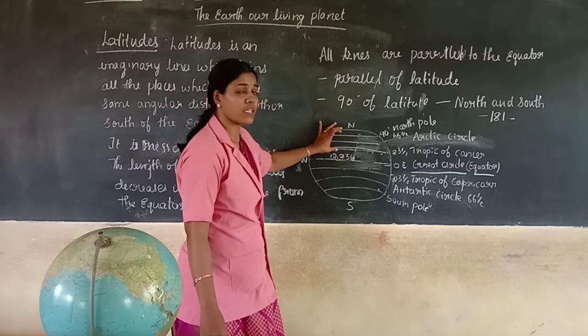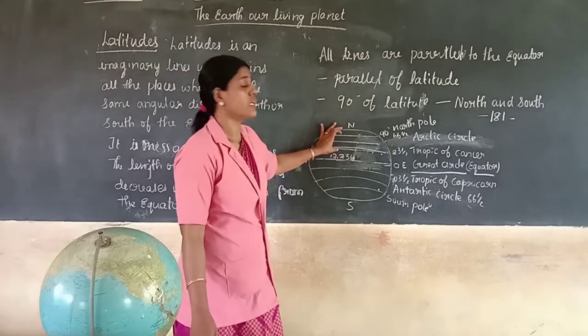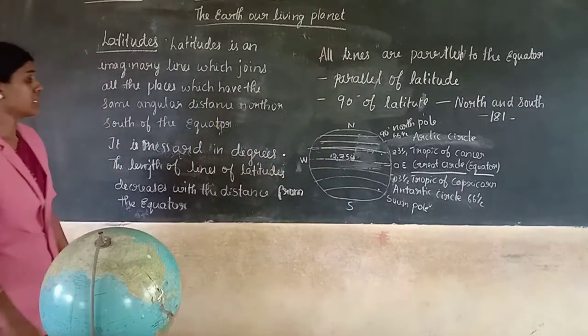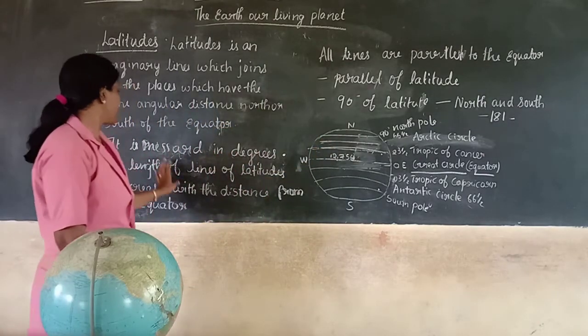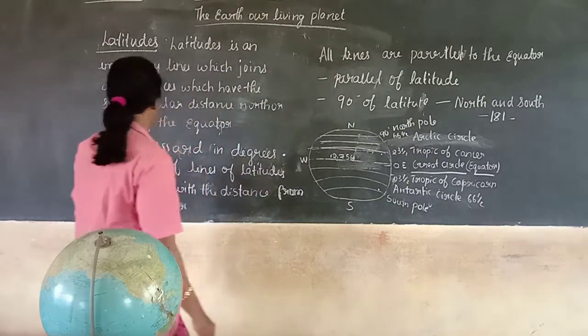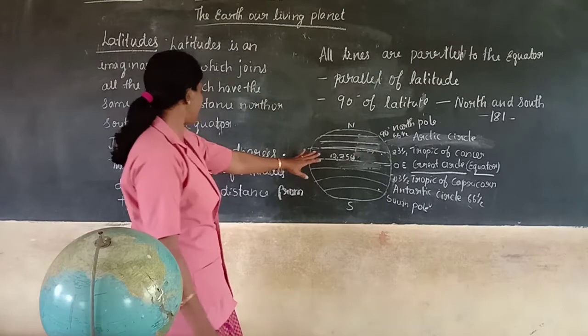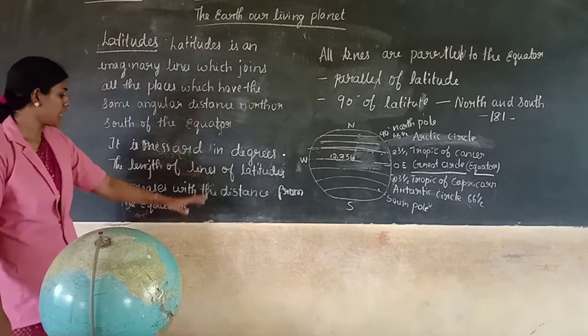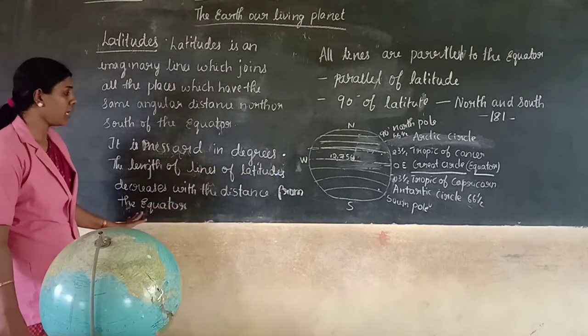These lines are measured in degrees. The length of the lines of latitudes decreases with the distance from the equator.